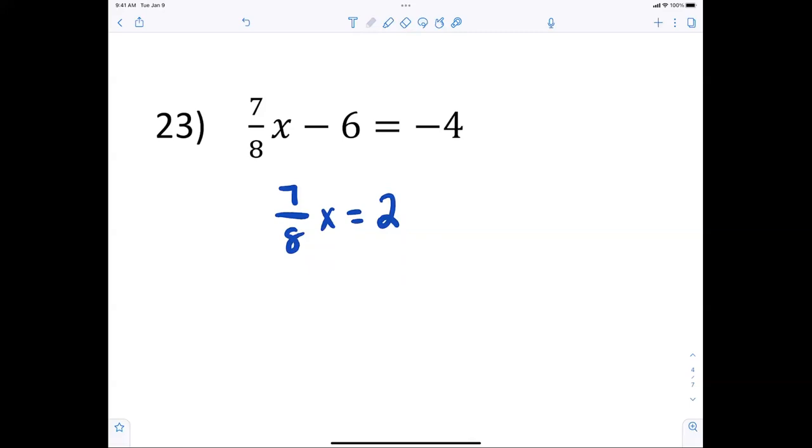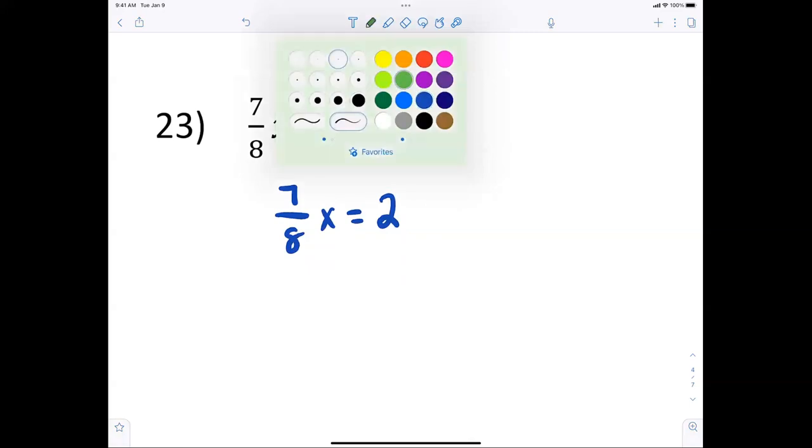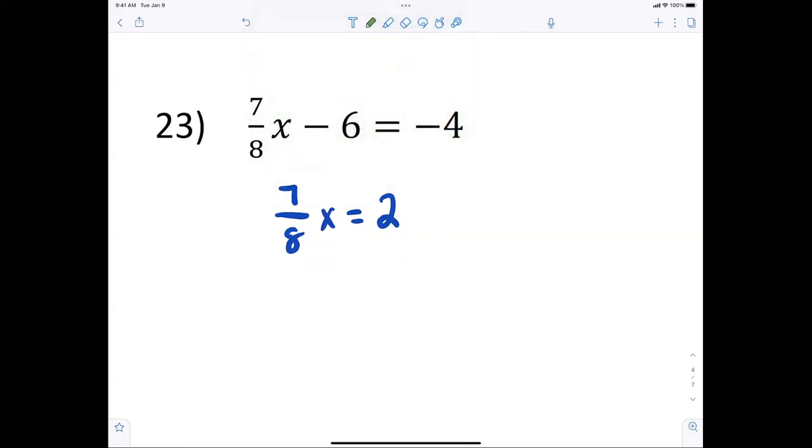Perfect. Now what? Multiply by the reciprocal. So 2 divided by 7. That doesn't divide evenly.